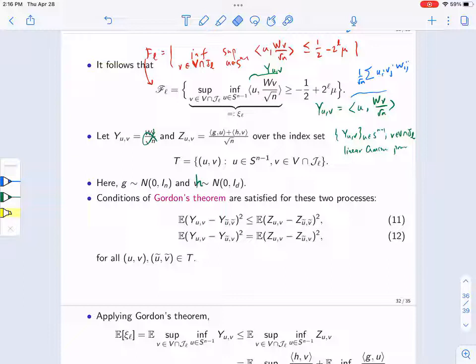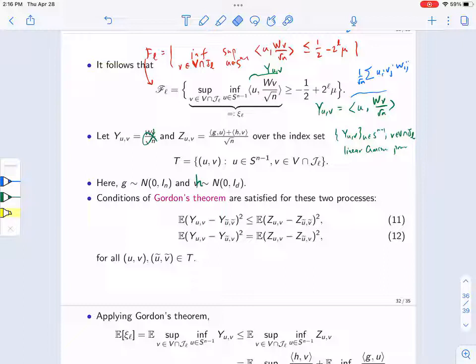But it doesn't matter what it means. It just says that the increments of the process are controlled: the increments of this are bounded by the increments of this, so on average this is larger. And this is just a technical thing. If I fix one of the indices, you have equality.